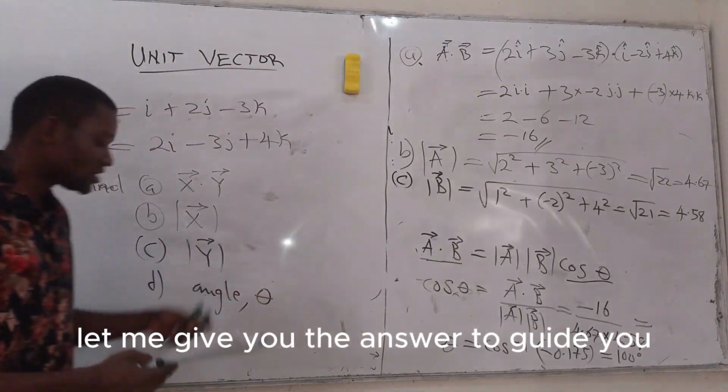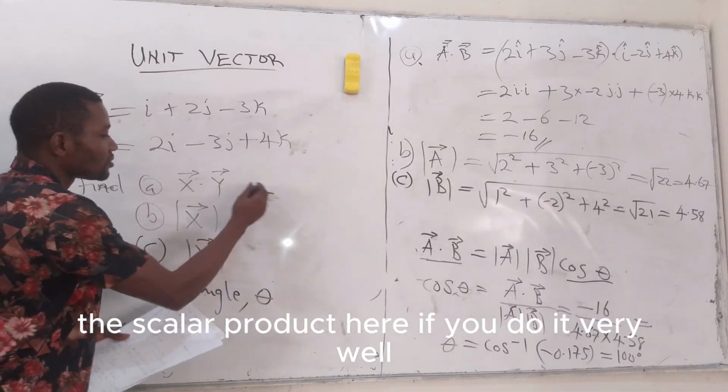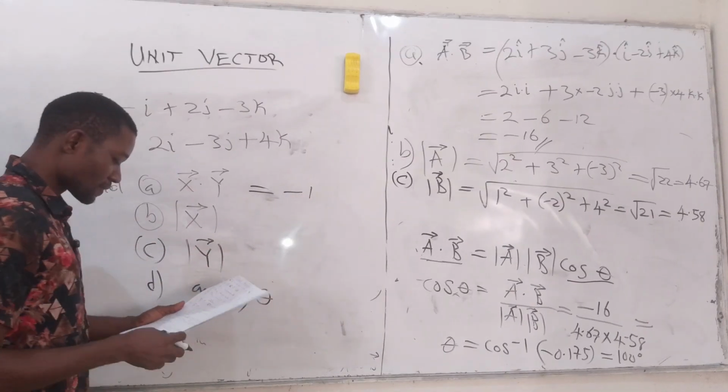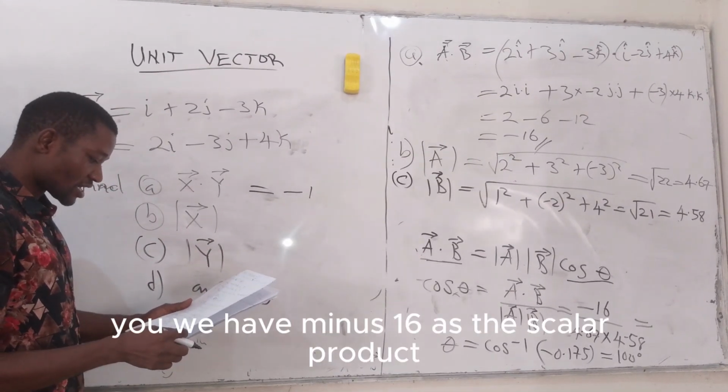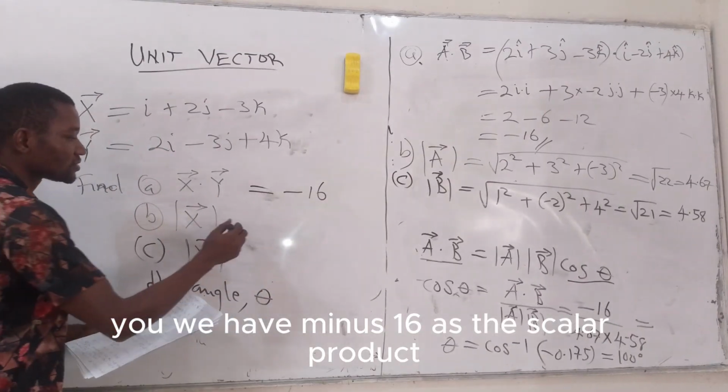Okay, let me give you the answer to guide you. The scalar product here, if you do it very well, you will have minus 16 as the scalar product.